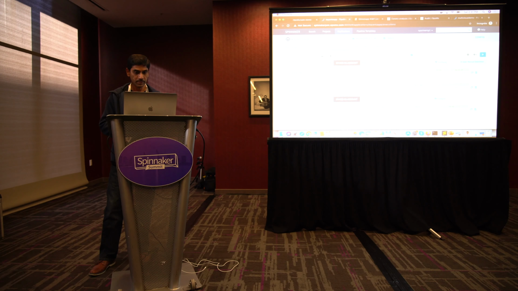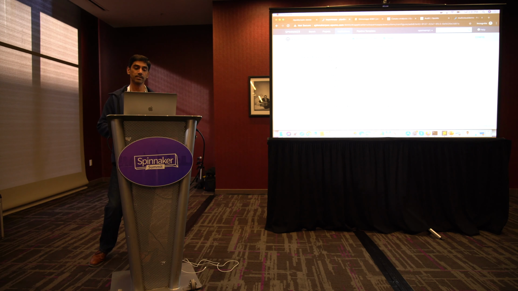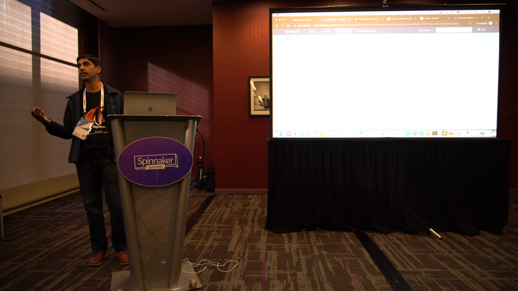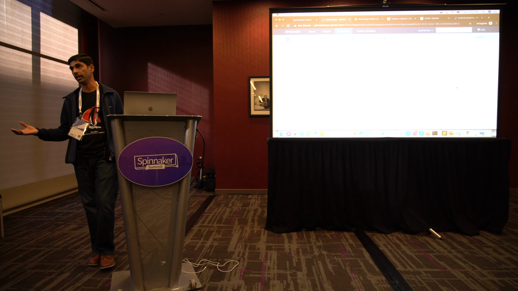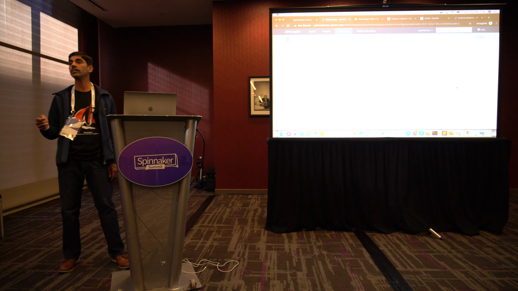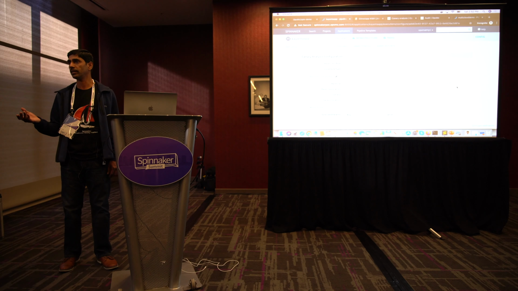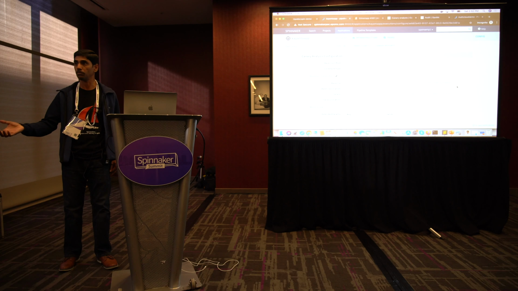All right, so here in Kayenta, if you look at the canary analysis, how it's doing, we are specifying the baseline and canary. It's a flexible system. It doesn't have to be coming from a specific Kubernetes account or AWS. The source here is actually configured as a data source like Datadog or New Relic or Prometheus.